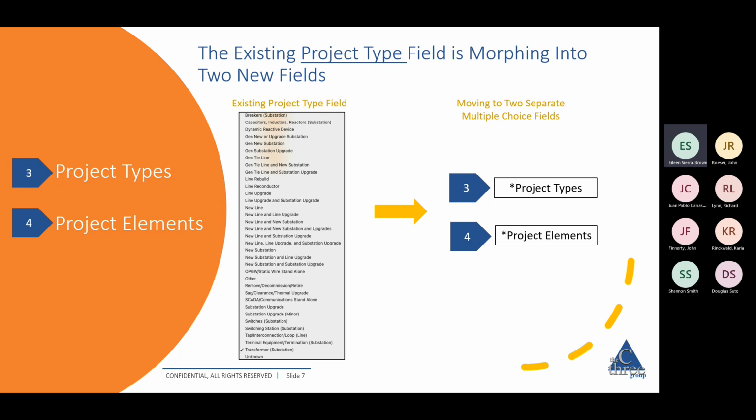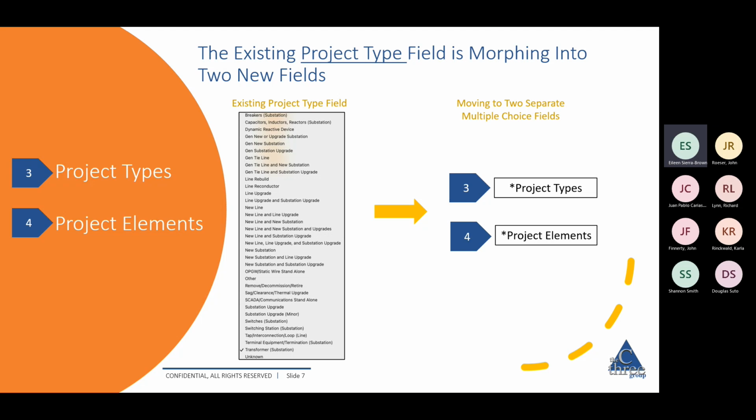Many projects could be a line upgrade, a GenTie, SAG remediation, and all these different drop-down singular options grew over time, but weren't summarizing what the project was in a succinct way. So we've taken the old project type and broken it out into project types and project elements.